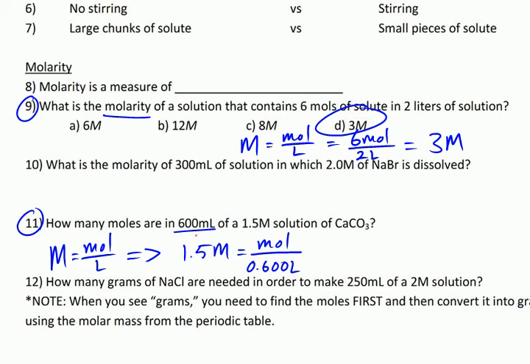So you got to do a little bit of algebra here, and you end up with, if you isolate moles, get moles by itself, you get 0.600 liters times 1.5 molar gives you amount of moles, and that should equal 0.900 moles.